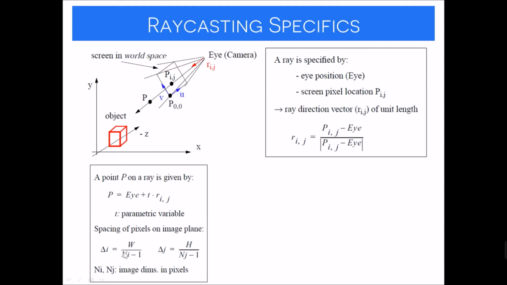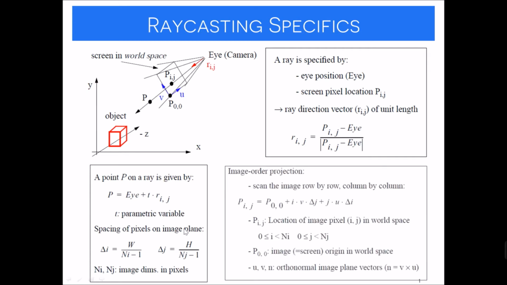If you choose a smaller n, you get bigger delta i's, and a coarser image. If you choose a bigger n, you get smaller delta i's. This just tells you how much resolution you want in your image. So that's how this goes.